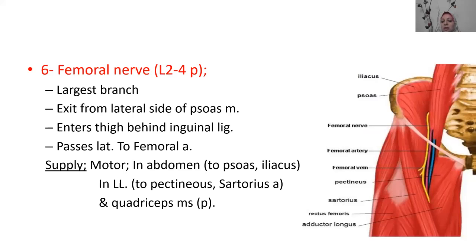Then it descends in the inguinal region where it divides into two branches, the anterior division and posterior division. The anterior division gives muscular branches to the pectineus and sartorius muscles and gives sensation to the anteromedial part of the thigh through the medial and intermediate cutaneous nerves. And the posterior division supplies the heads of the quadriceps muscle and continues as the saphenous nerve.